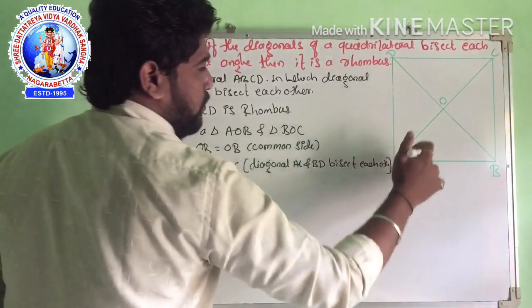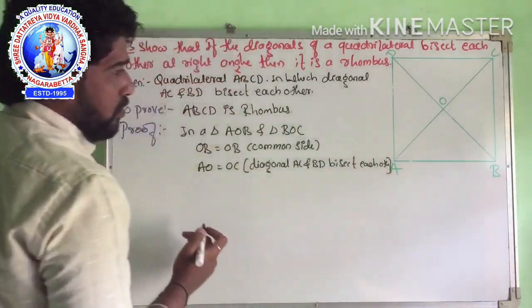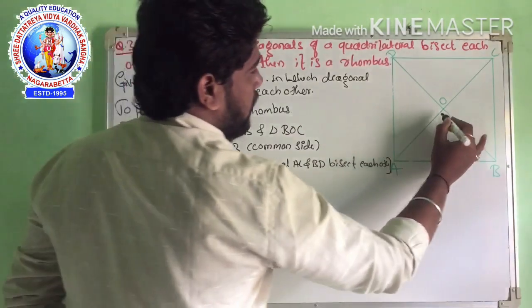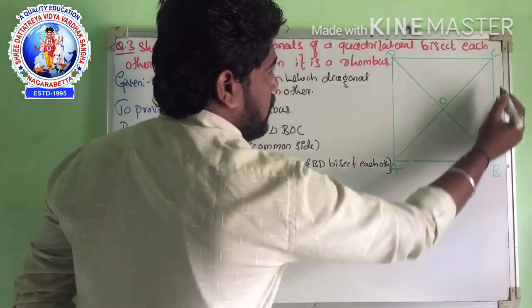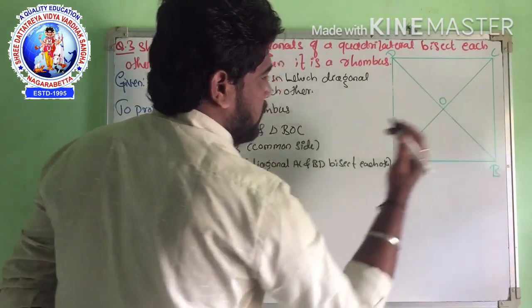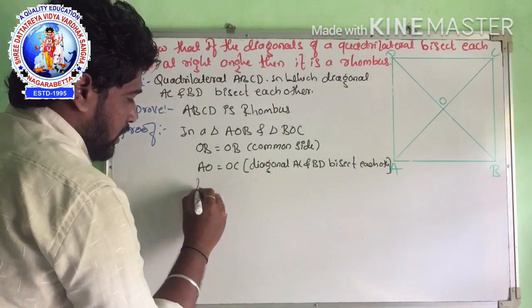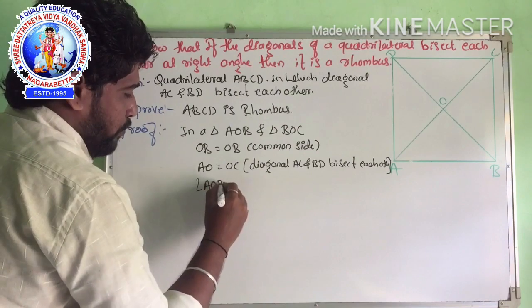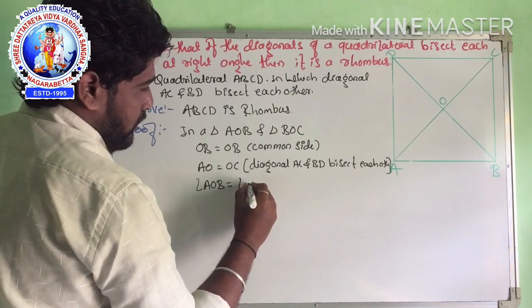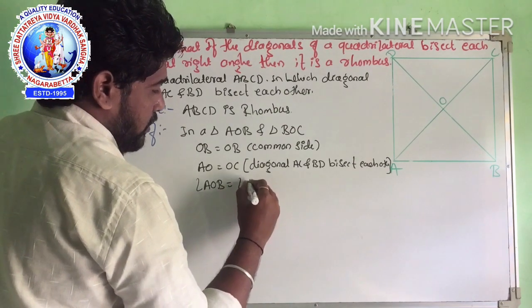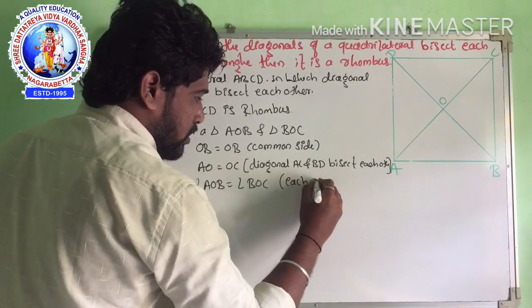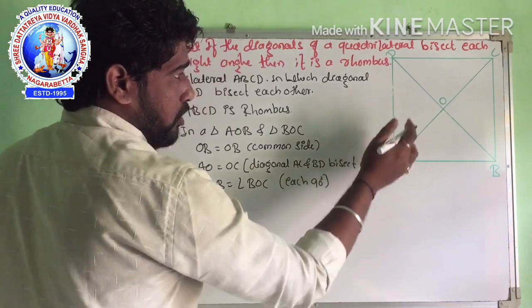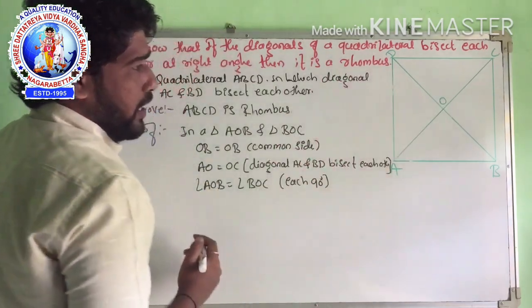So bisect each other means these two are equal. And here, see, angle AOB is equal to angle BOC, each 90 degrees, because the diagonals bisect each other at a right angle.